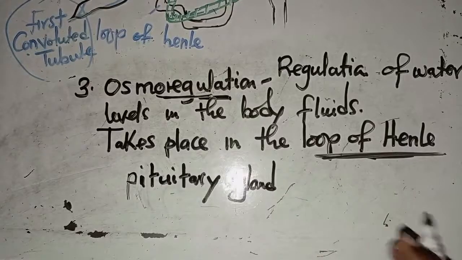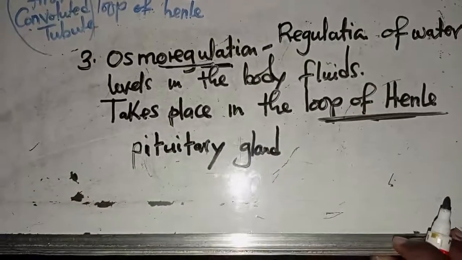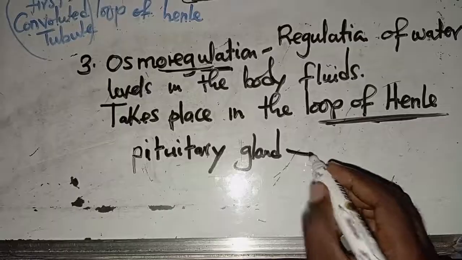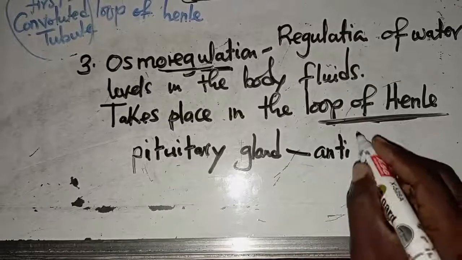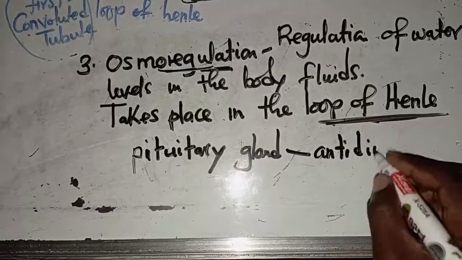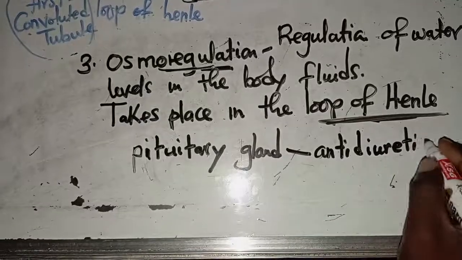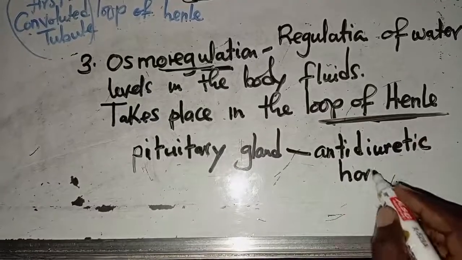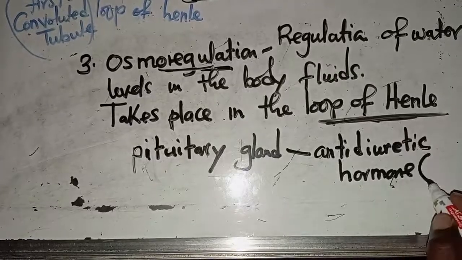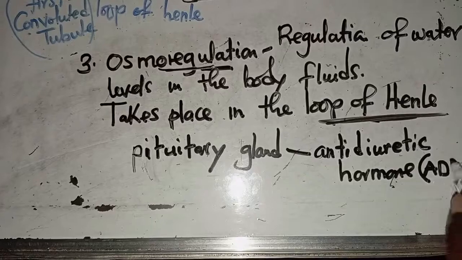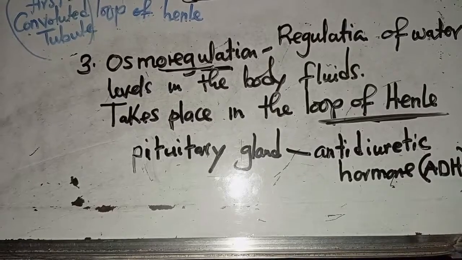The name of that hormone that is being secreted, we get to call it antidiuretic hormone. That is the name of the hormone that gets to be secreted, which is also known as ADH.